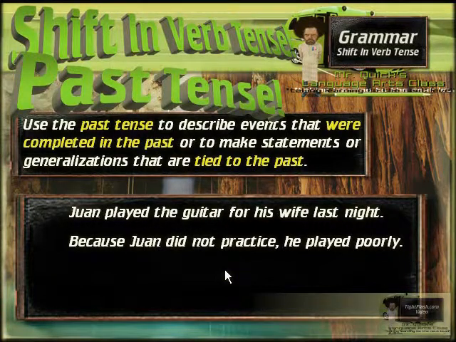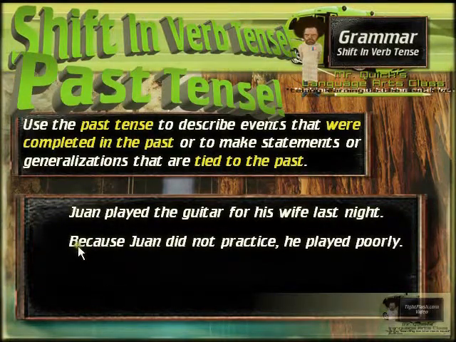Now we get an understanding. It probably would have been difficult for us to understand if we only had the "because" sentence and didn't have the sentence above it. But now that we have our Juan sentence here, we have a better understanding of how the "because" sentence should go.